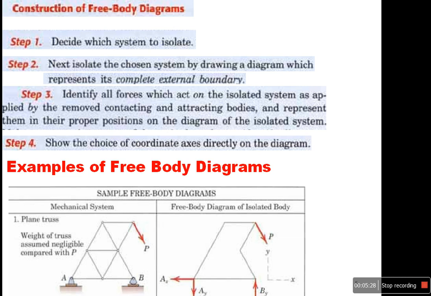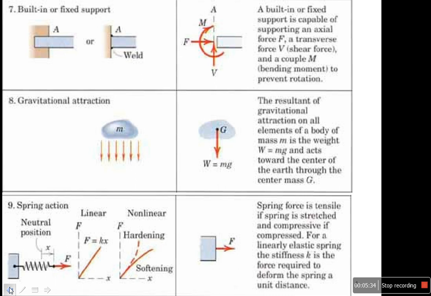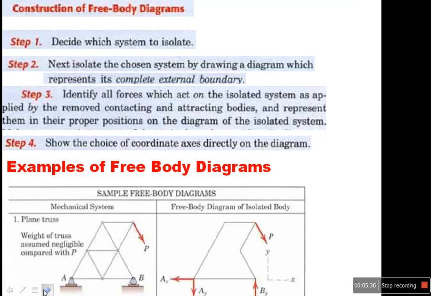We put all the actions that we have talked about here in the 9 cases. The last step, or the fourth step, show the choice of coordinate axes directly on the diagram. I need to draw the appropriate coordinate system.